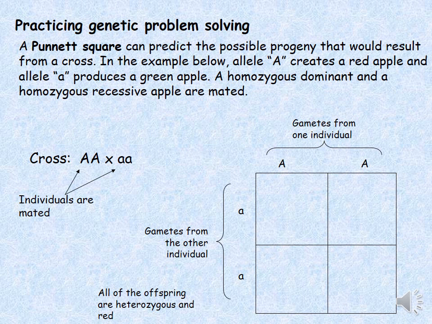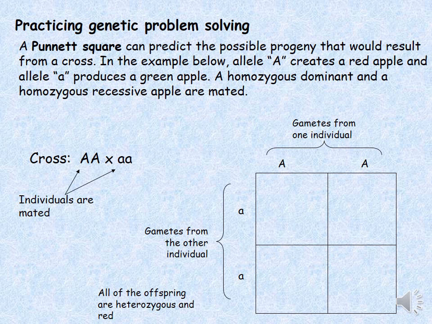So practicing genetic problem solving, we're going to use a Punnett square. This is a way of creating a prediction of what the offspring will be when two individuals are crossed. Basically this is giving you the probability of what the offspring will be. So in the example below, we have big A and small a. Big A creates red apples, small a gives green apples.